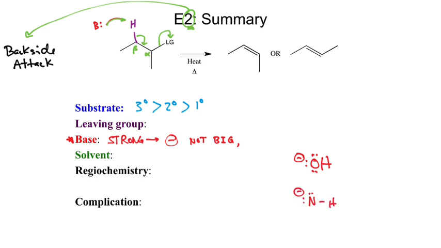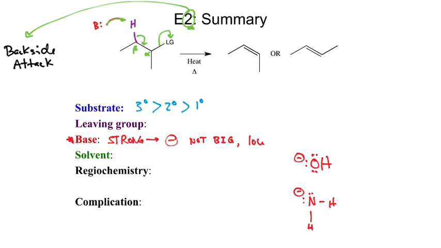What if I look at a negative nitrogen? Both charged, both have the same size, but what's the electronegativity? Nitrogen is less electronegative than oxygen, which means nitrogen is more willing to share the electrons, making nitrogen stronger than oxygen.